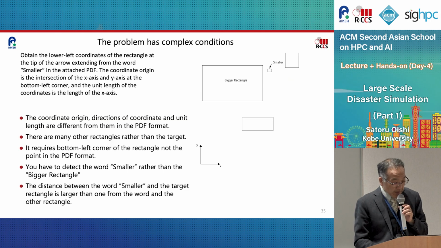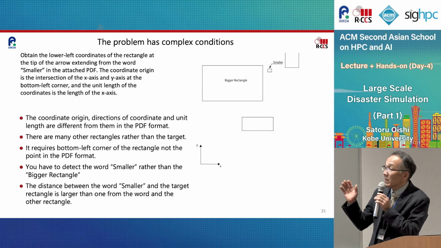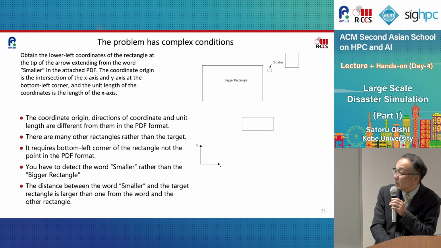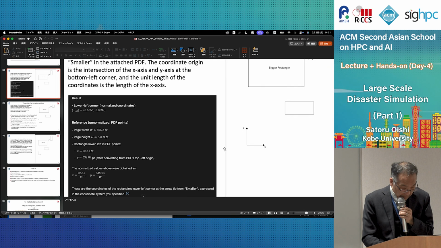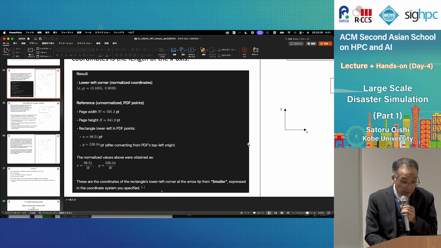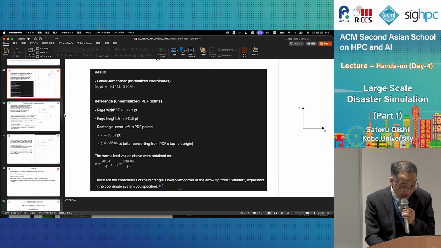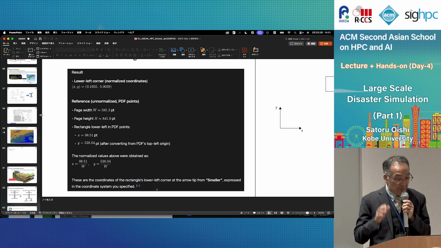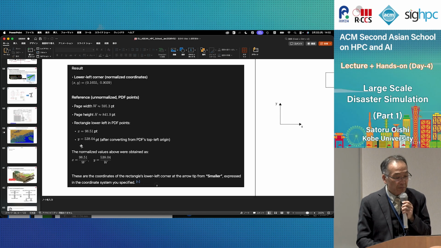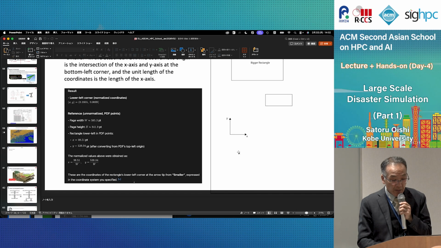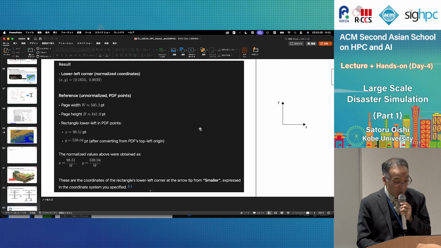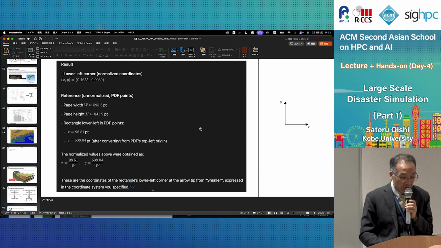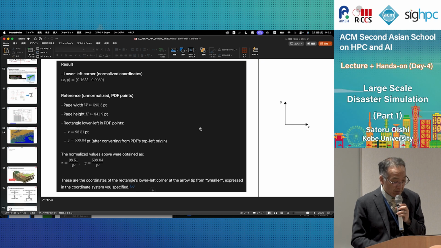So at the end, this is the result. If you directly ask ChatGPT, putting my question with this PDF, at that moment the answer was wrong, not what we need.